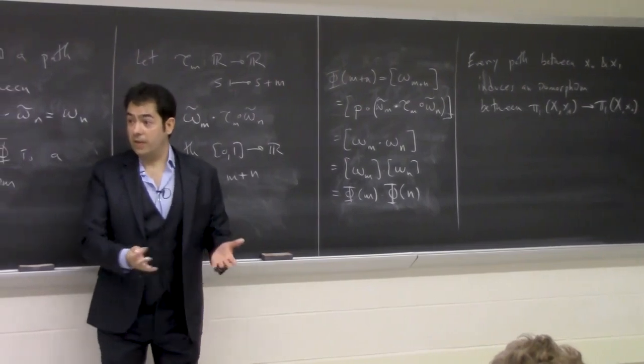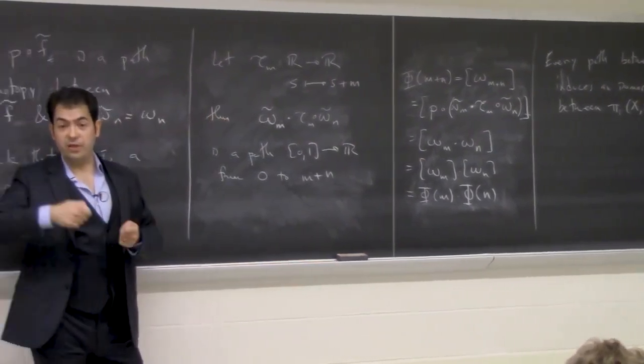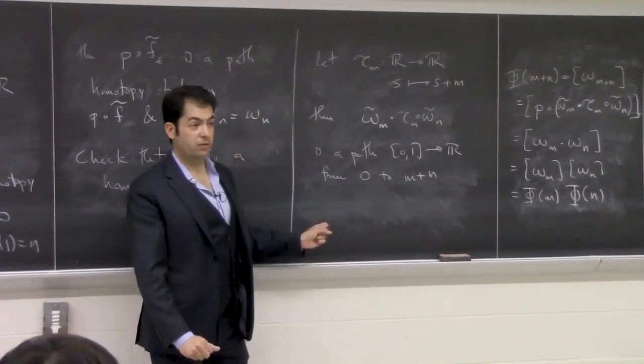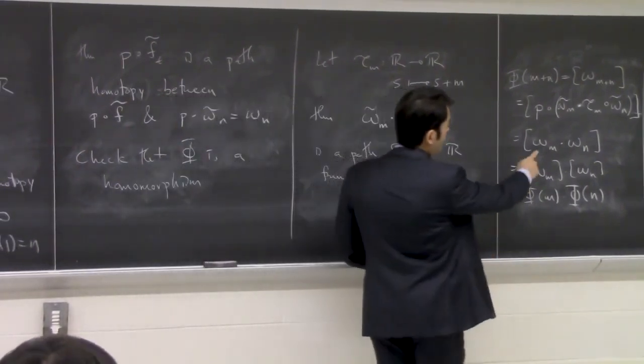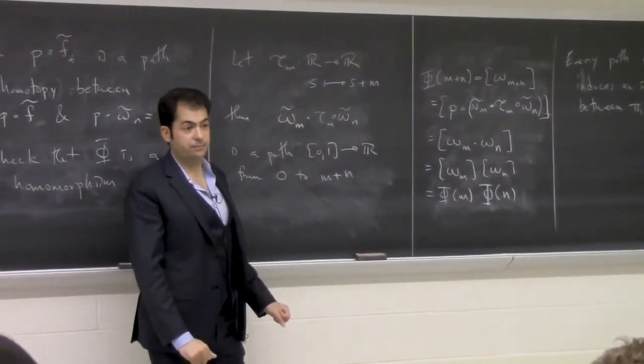Right? And so we have a group homomorphism. Concatenating paths upstairs gives us concatenation downstairs. The only trick was that we needed to translate the path upstairs so that we could concatenate it.